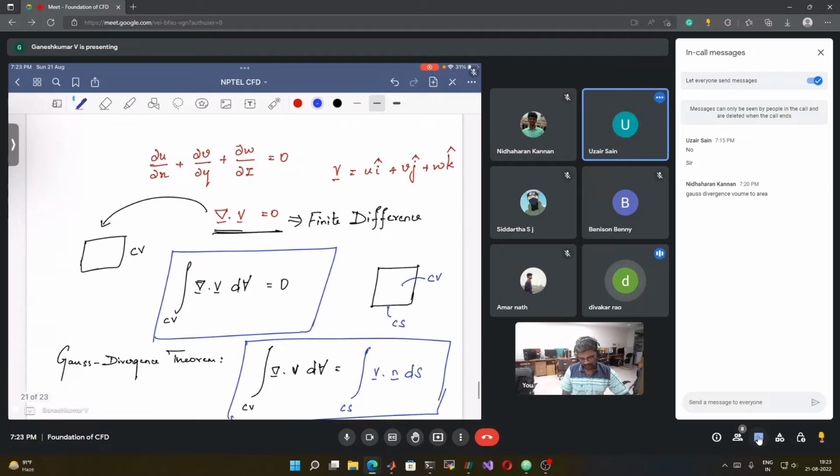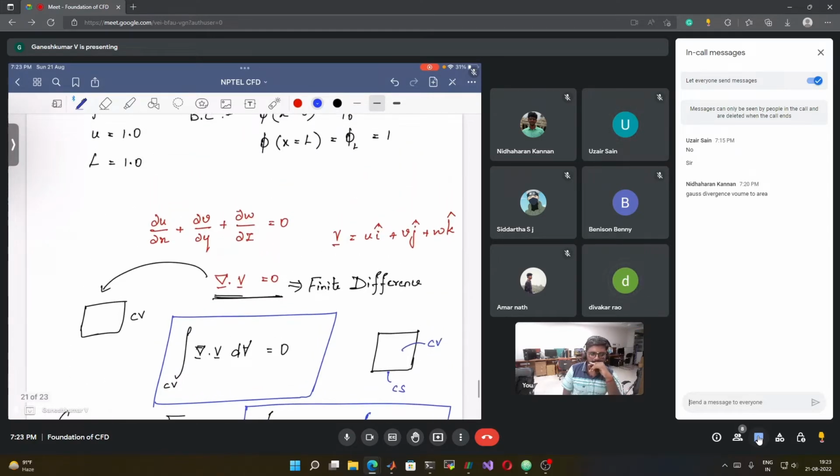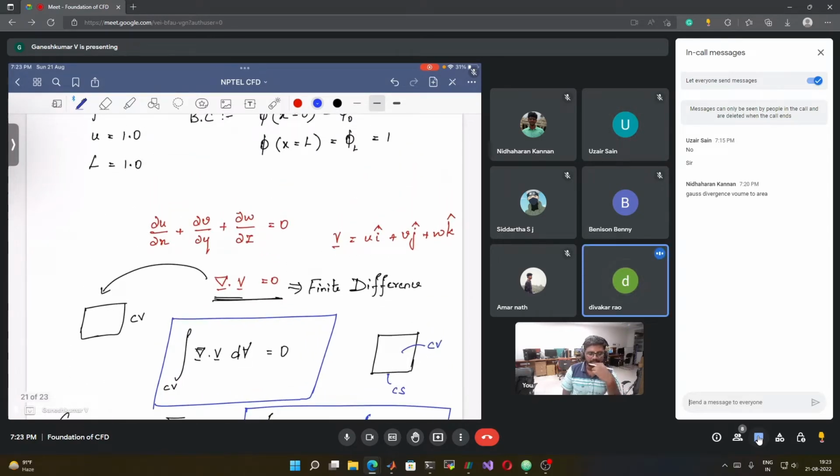Yes, sir. Understood. Ganesh, I'm Divakar here. Ganesh, actually, I have a basic doubt. When we are talking about finite element methods and finite volume methods, we are saying that in the finite volume methods, the body will be split into the specified volumes, whereas in the case of finite element methods, we will split into the elements, something like that.